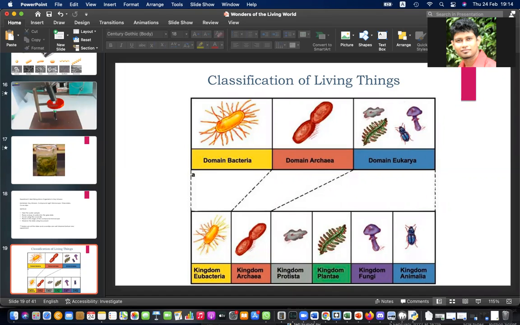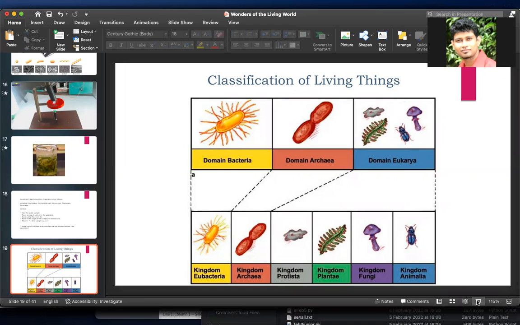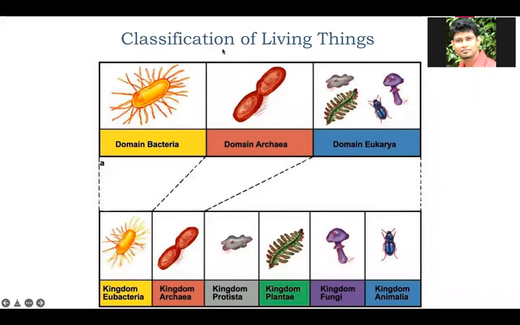Okay, let's write this down quickly. Classification of living things. No need to draw the picture. Just write domain bacteria, domain Archaea, domain Eukarya. Those are the three domains.